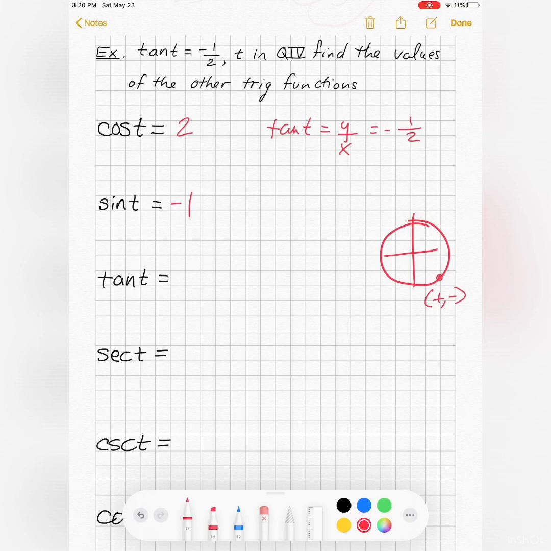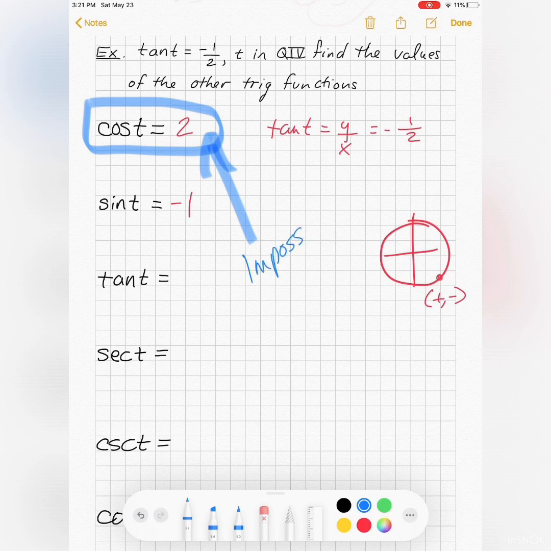So the problem is this. This is impossible. Okay, because remember what cosine and sine represent. These are the x and y coordinates of terminal points on the unit circle.